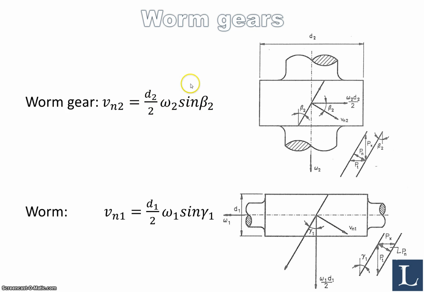Vn2 can be expressed this way: d2 over 2 times omega 2 times sine beta 2, based on the geometrical relations in the figure. In the same way, we can write Vn1 as d1 over 2 times omega 1 times sine gamma 1, which is this angle right here, and beta 2 is the angle up here.